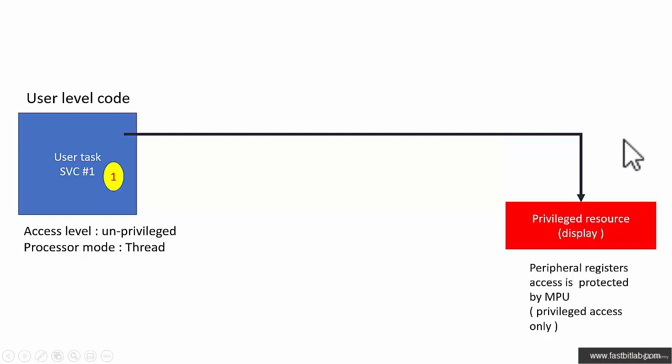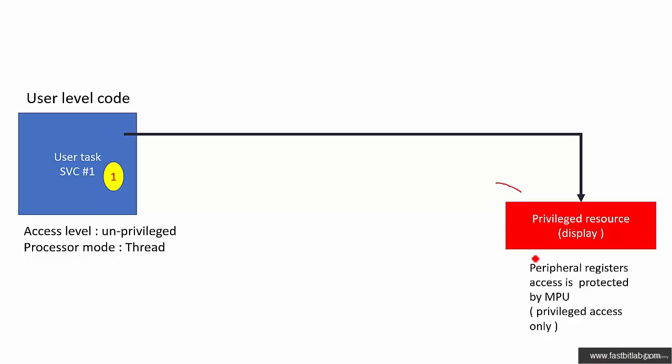Because the kernel code will restrict access to the display using the memory protection unit. Let's say if there is a memory protection unit in the processor, then the kernel code may take the help of the memory protection unit to restrict access to the address range of these peripheral registers. So it can do that.